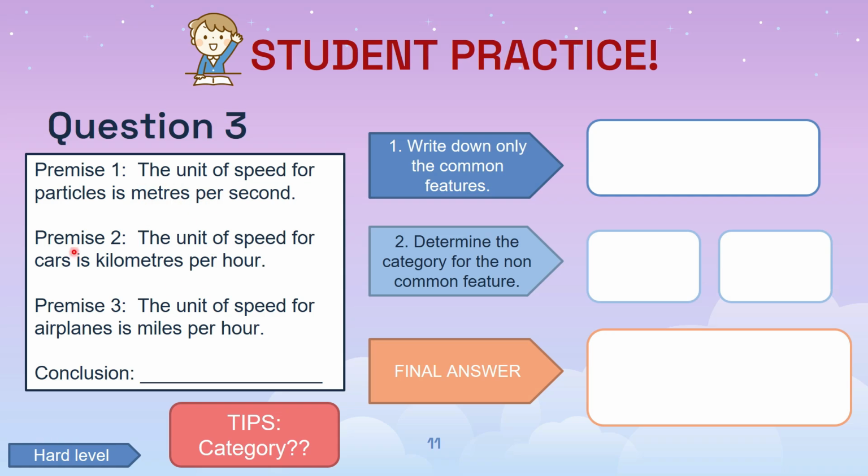What is the category for this one? And the third one is second, hour. Premise 3 also hour. What is the category for this one? There are 3 non-common features in this question. This will be your homework.